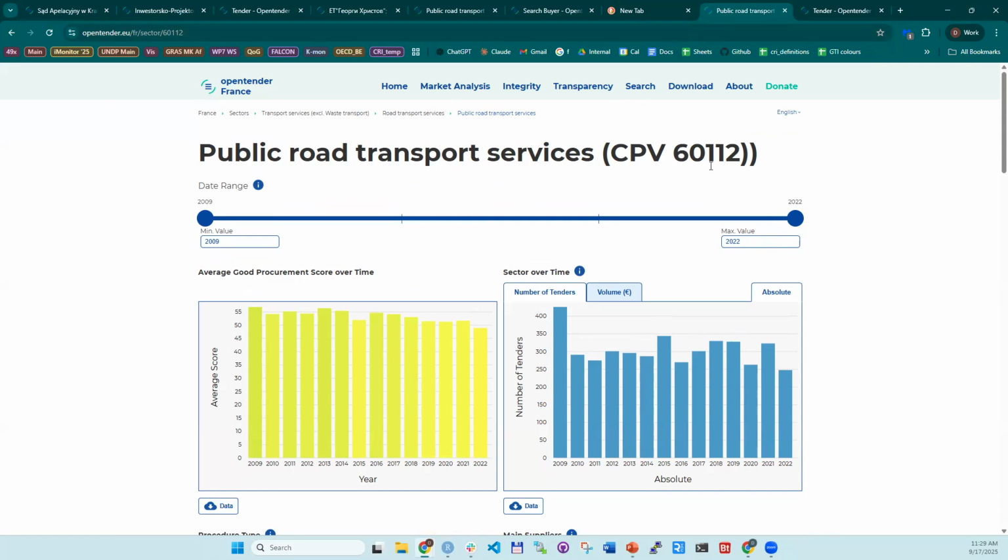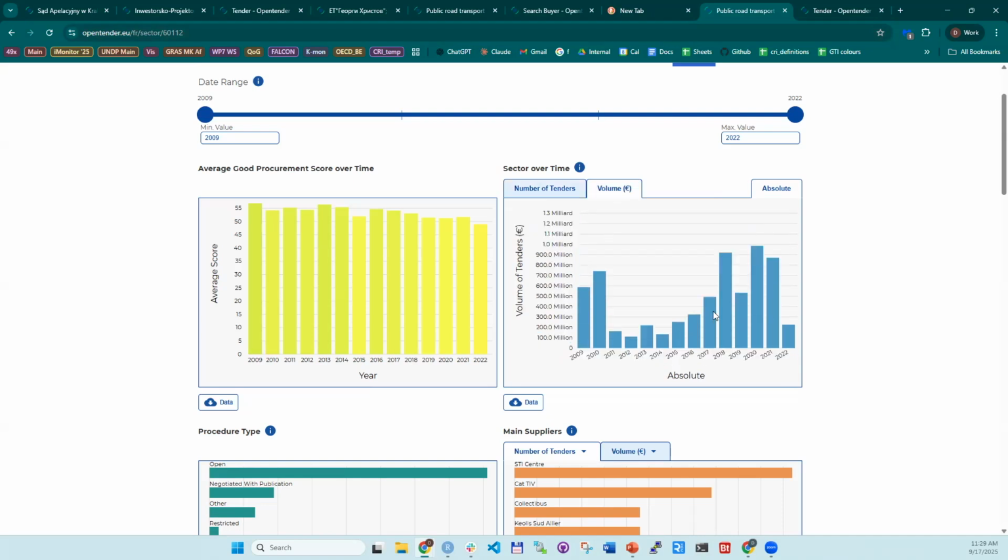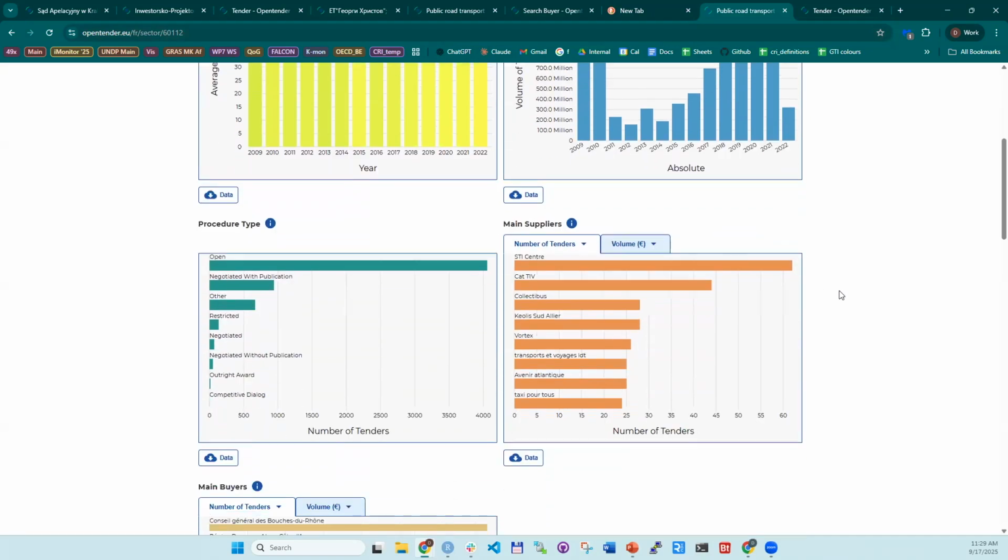This is the largest five-digit CPV and the largest three-digit CPV under road construction, road services. And you can see here that we have an average indicator of good procurement score over time, then a sector, the number of tenders and the volume of the tenders over time, and of course the main suppliers or the main procedure types conducted in the market of your choice.